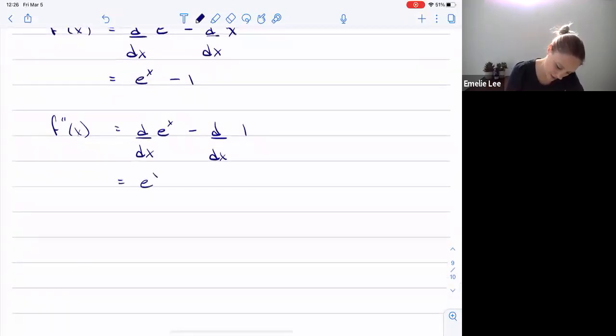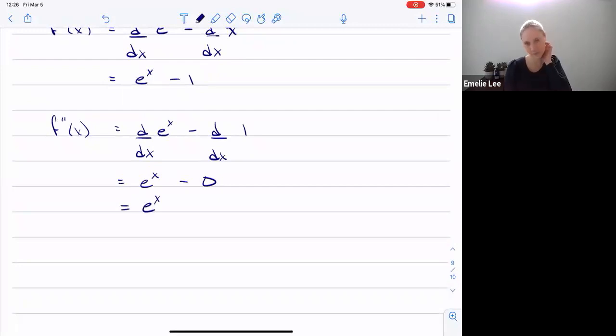So e to the x just holds steady, minus 0, putting me at e to the x. What's the third derivative? e to the x. What's the fourth derivative? e to the x. The fifth? e to the x, and so on and so forth. Now that we've boiled down to just e to the x, it'll stay e to the x forever, no matter how many derivatives you take.